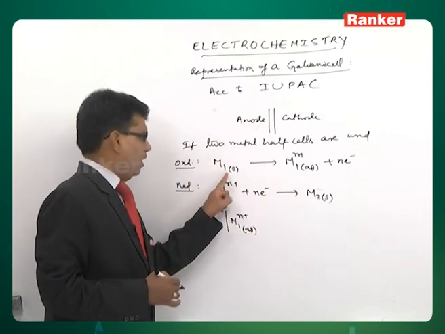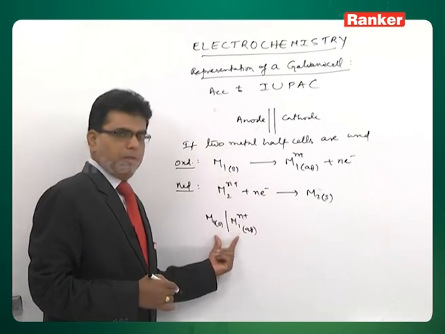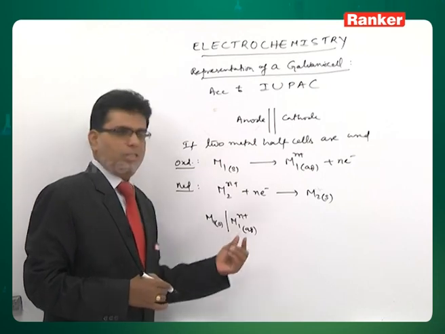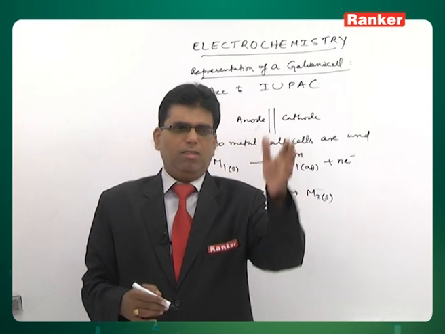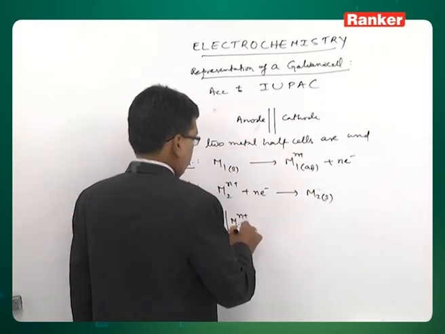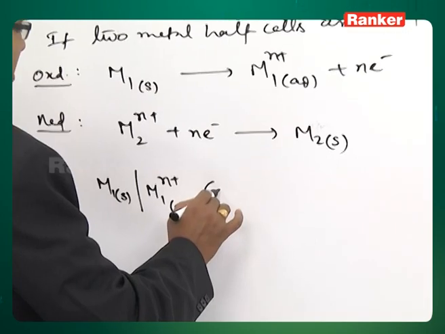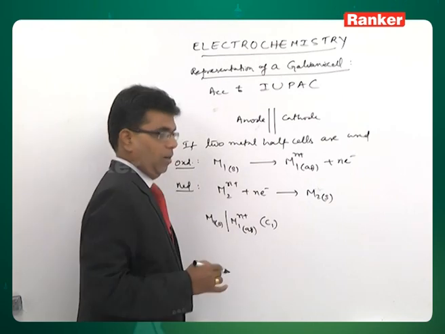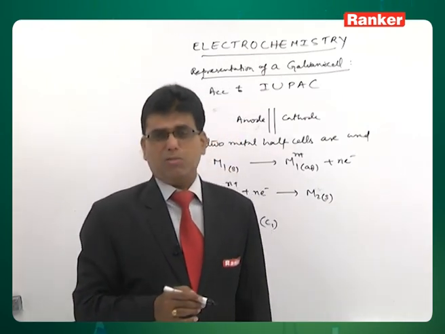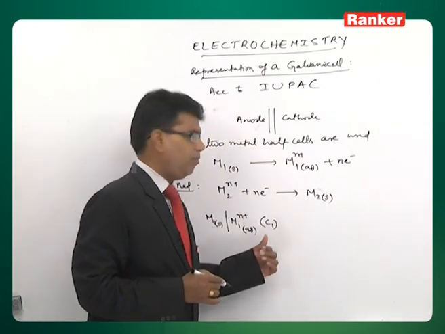Now, here metal 1 is undergoing oxidation, so first I write the oxidation, and remember that according to IUPAC, the oxidation should always be written first, on the left hand side. In the case of a metal ion we should also represent its concentration, like in the case of zinc sulphate, where we mention the concentration of the zinc sulphate solution.